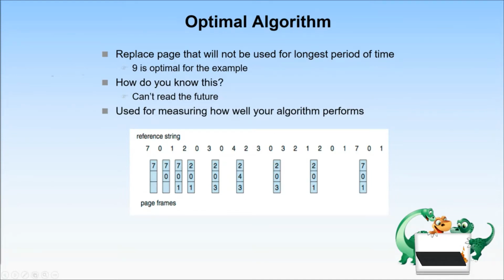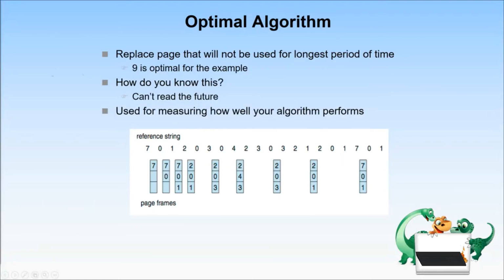Take note that when you say optimal, you have to refer to the future. 7 will be used at this position, whereas 0 will be used next and 1 will be used before 7. Therefore the page that will not be used for the longest time period is 7. That would be our victim, replacing 7 with 2. You've got 2 0 1 here.